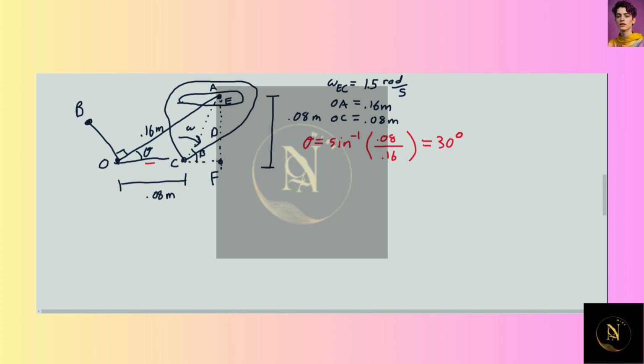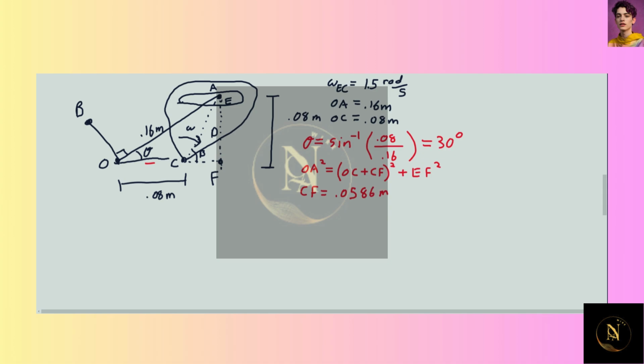If we look at it as the length of the hypotenuse squared, OA squared, equals the length of the base squared, which will be OC plus CF squared, and then plus the height squared, which is just that EF squared. When we solve all this for CF, just using algebra here, we should get about 0.0586 meters.